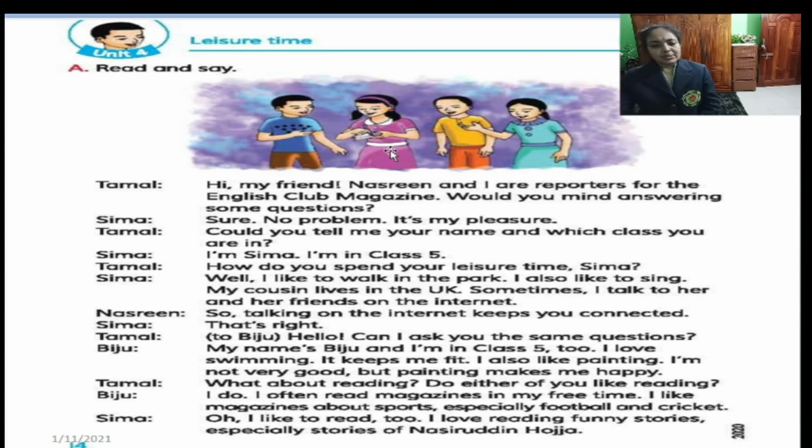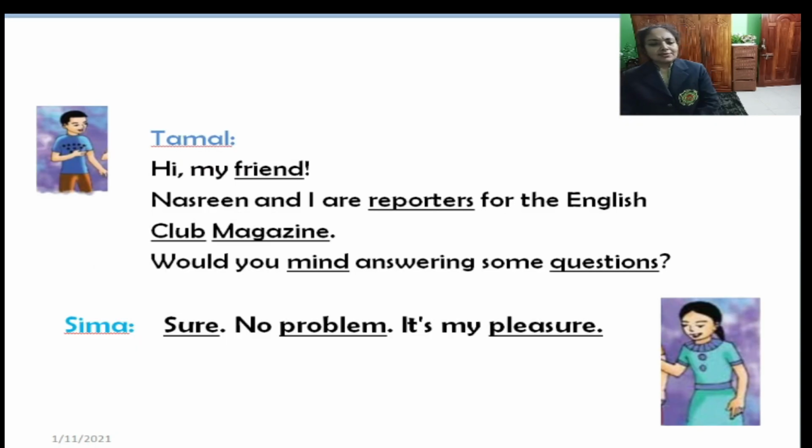In the picture, we can see 4 boys and girls. They're talking, they're conversing. Now let us see what they are talking about. Here we can see a boy, namely Tamal, talking to Shima, a girl. Tamal is saying, "Hi, my friend Nasrin and I are reporters for English Club magazine.